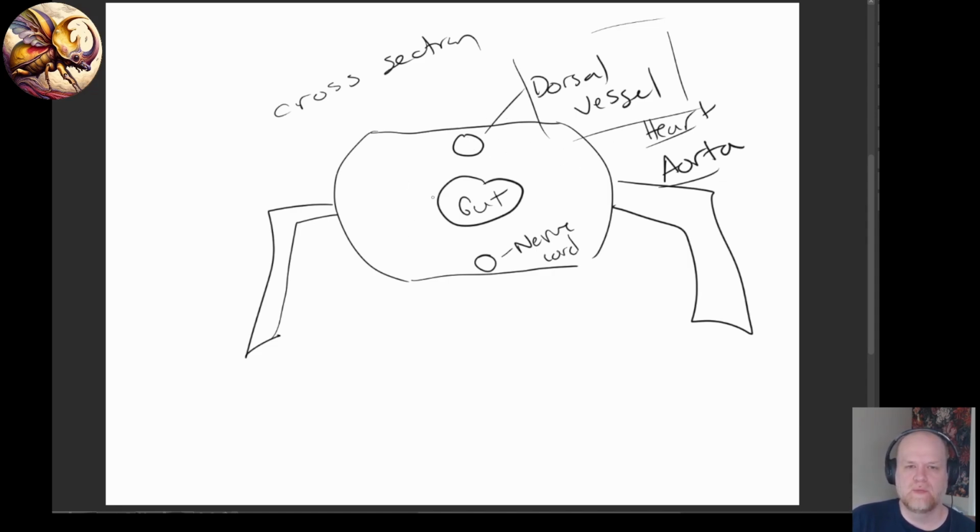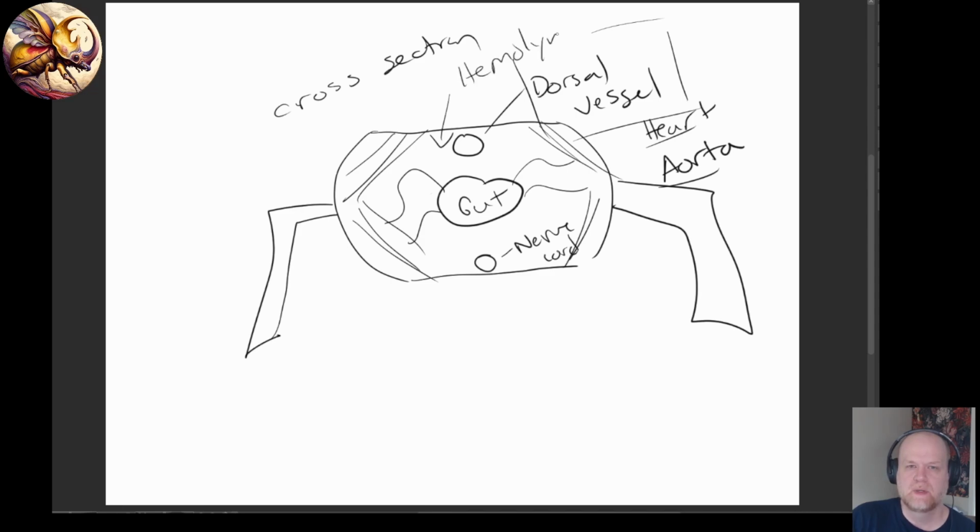And then there are a number of other organs represented in the cross section, like Malpighian tubules. Usually there's a ton of muscles on the exterior portion, but the internal cavity is full of hemolymph, which is the insect version of blood.